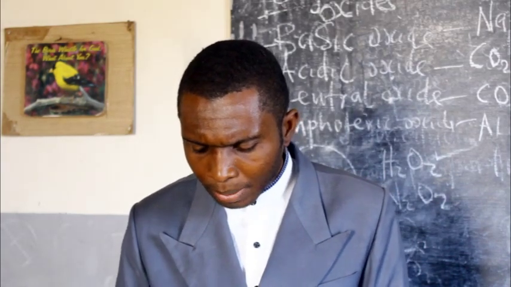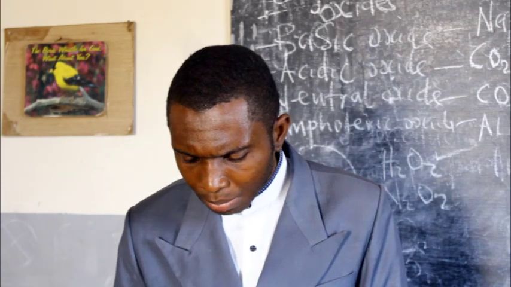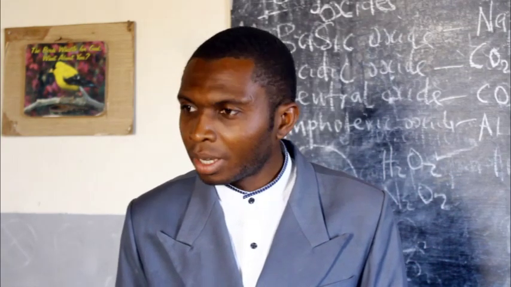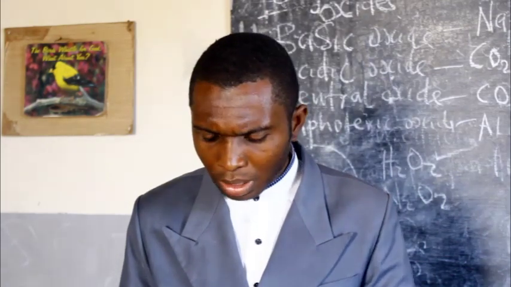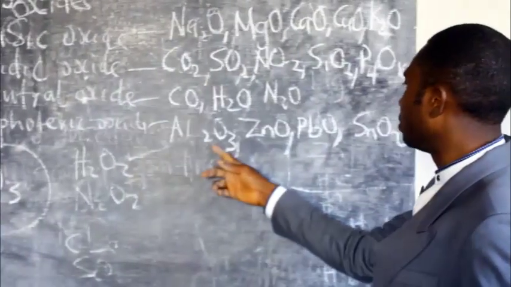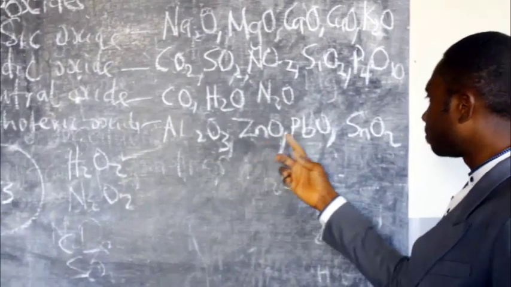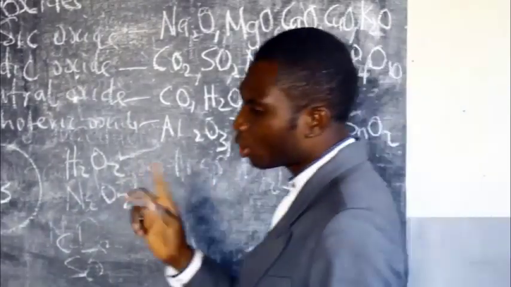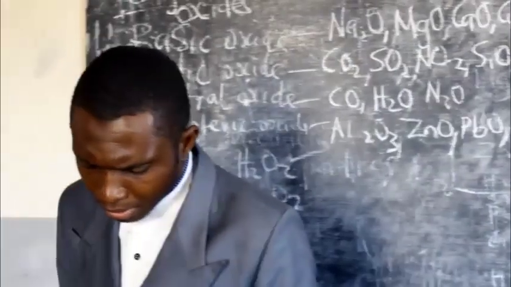Zinc oxide, tin oxide, aluminium oxide, sodium oxide. Yes, sodium oxide is not amphoteric. I told you that examples of amphoteric oxides are aluminium oxide, zinc oxide, lead oxide, and tin oxide. So sodium oxide is not amphoteric. Thank you.